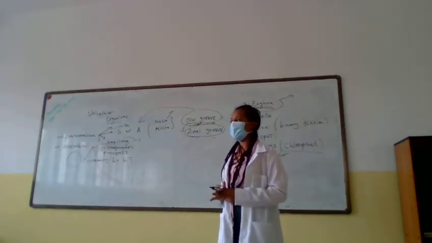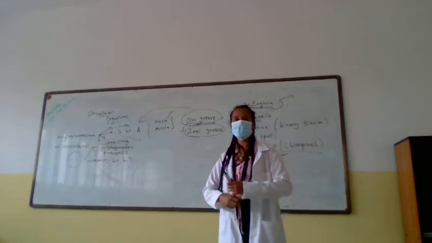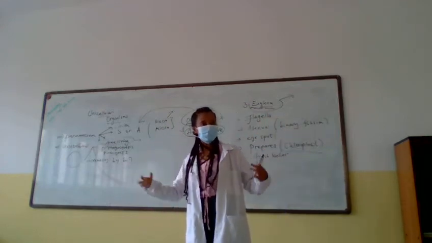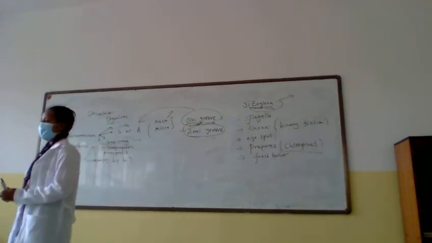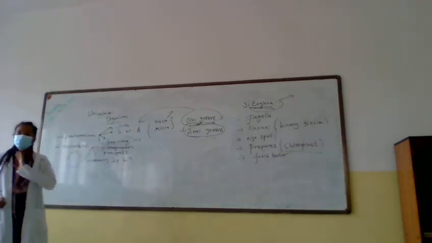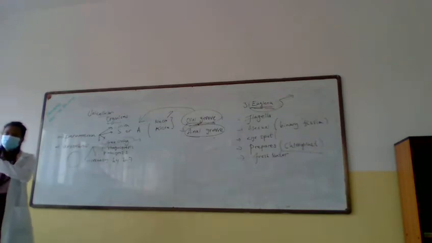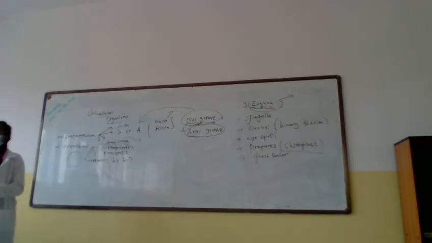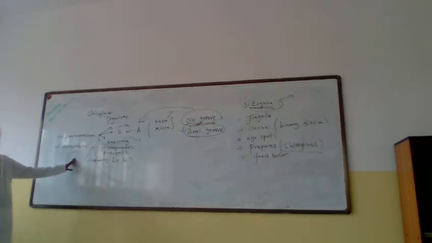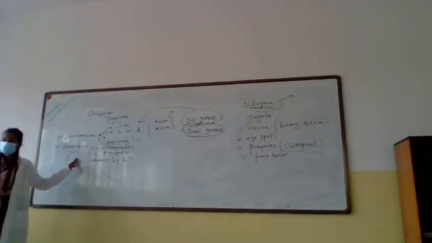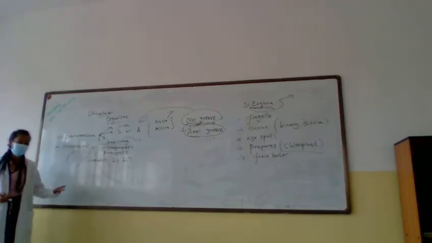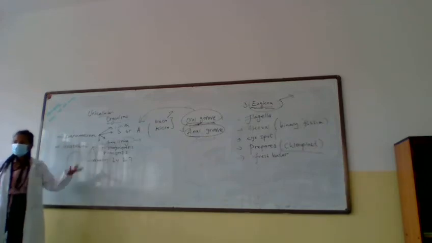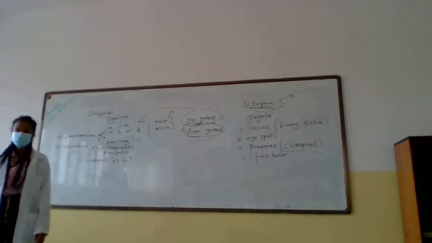So when the situation is favorable, it starts the process again: reproducing, feeding and movement. But if there is a dry condition like this, where the situation is not favorable for amoeba to reproduce, it stays in cyst form. But when the situation favors amoeba, again it starts the whole cycle.